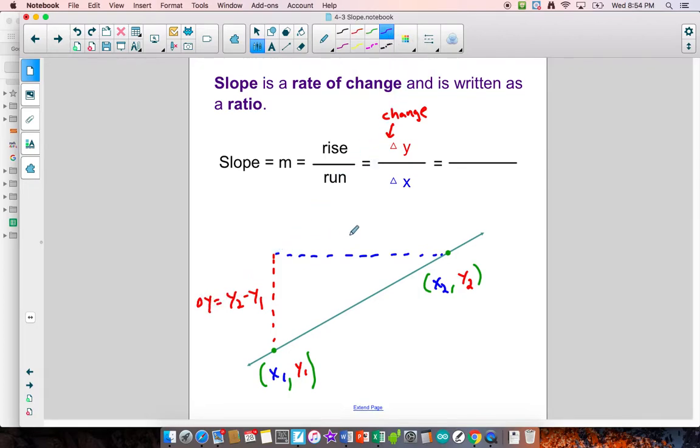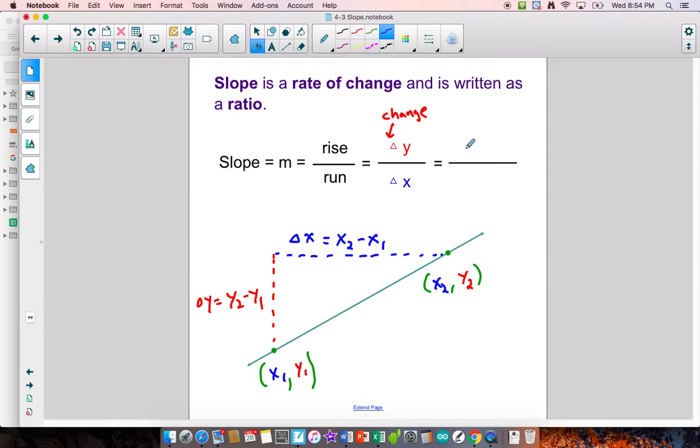Okay, and then to get from here to here, you do the same thing. You're just taking the difference of the two x values to figure out how far apart they are. x2 minus x1. This is delta x. Delta means change. That's that Greek letter there. So you take the change in y, the rise, divide by the change in x, the run, and that's going to give you your slope.